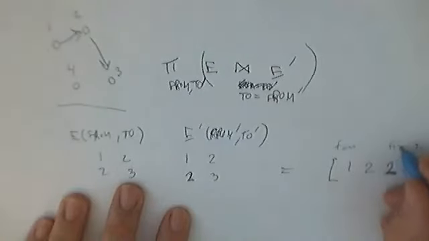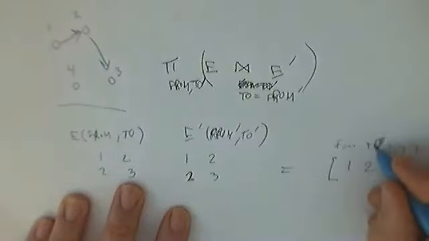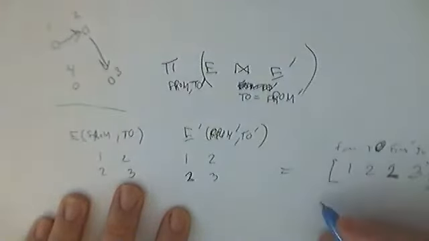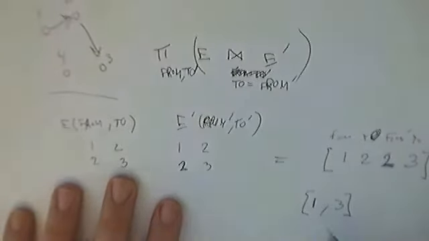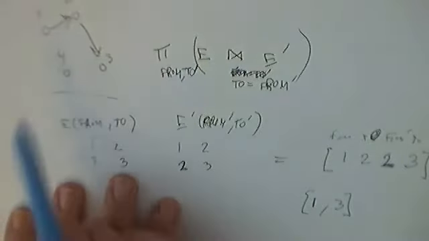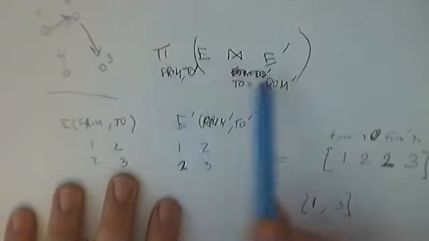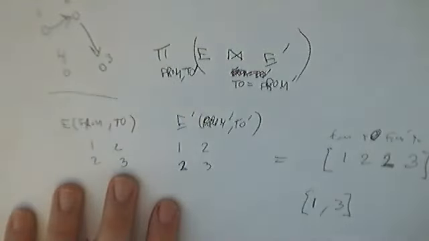This is also from prime, and this is to rather, sorry. If I do that projection there, what I get is 1, 3. So that's giving us this right here. What this just gave us is all the things that are reachable from one node to another node via an intermediary. Clear?